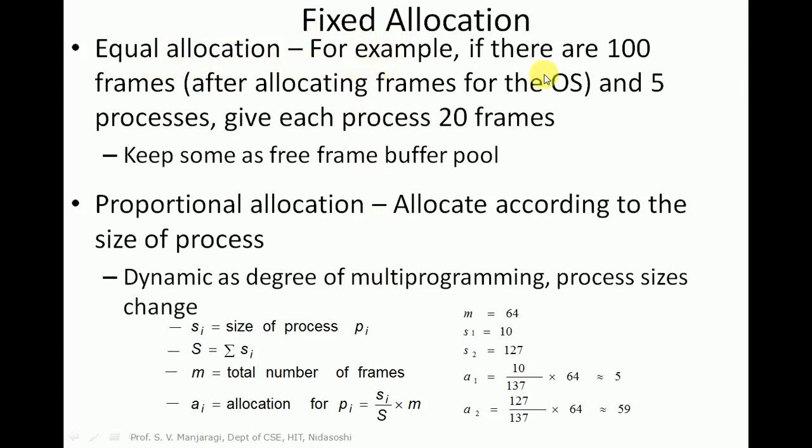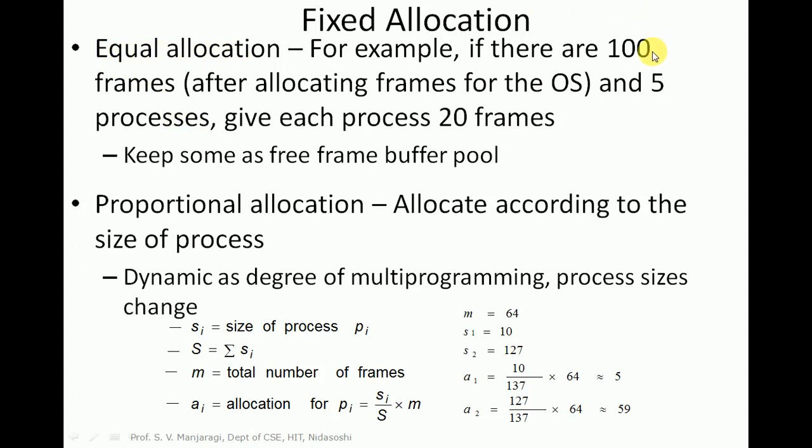For example, if there are 100 frames, after allocating frames to the operating system, some frames we need to reserve for the operating system. We cannot use them for user processes. After allocating frames to the operating system, 100 free frames are left, and there are 5 user processes in the system. Then each process gets how many frames? It's equal allocation, so every process should get an equal number of frames.